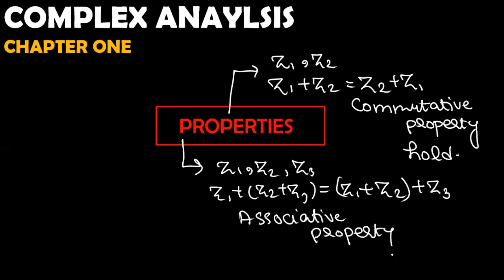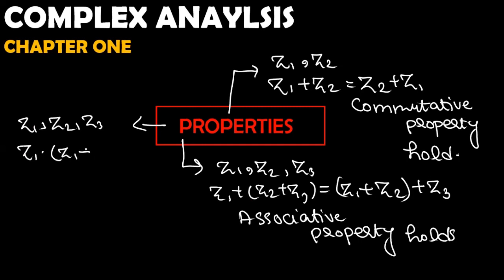If you give me three complex numbers Z1, Z2 and Z3, and I apply the distributive property, Z1 times Z2 plus Z3 is equal to Z1 times Z2 plus Z1 times Z3.